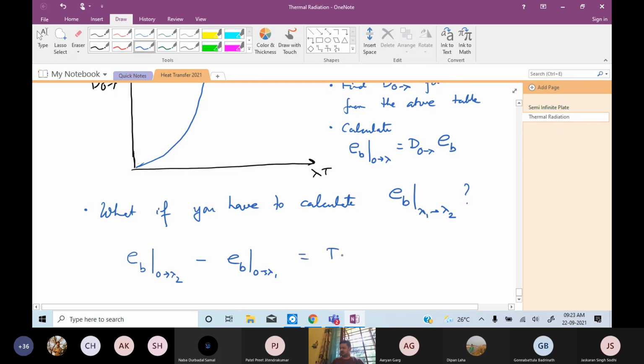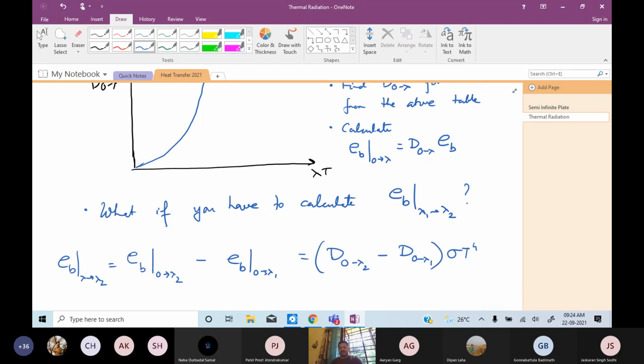Okay, which essentially means f 0 to lambda 2 minus f 0 to lambda 1, times sigma T to the power 4. Excellent.